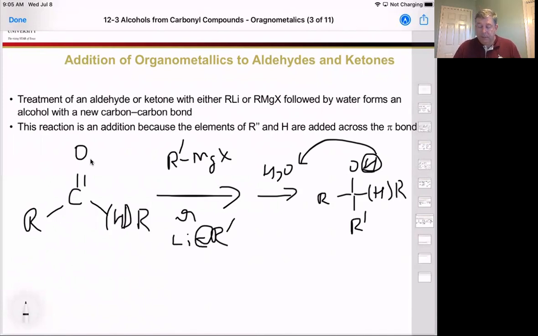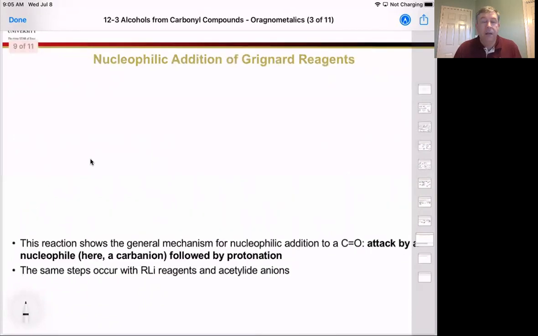Okay. So let's look at this as it relates to a specific chemical. In this case here, we're going to look at the attack of a Grignard reagent onto our substrate. And the first step of the reaction is using the nucleophile. In this case, we'll use an aldehyde.